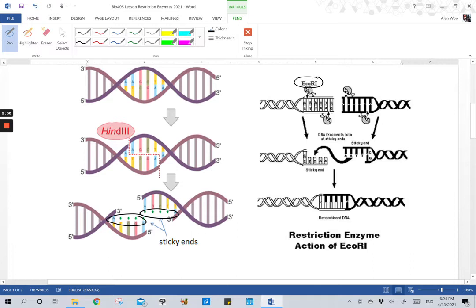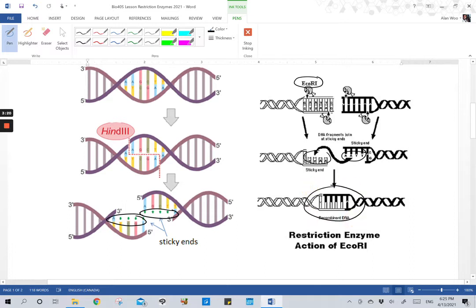We apply the same restriction enzyme, and it will cut at a very specific area of DNA, again creating sticky ends. The sticky ends on the right side are from a different organism from the sticky ends on the left side. But because they're cut by the same restriction enzyme, they can be recombined together.